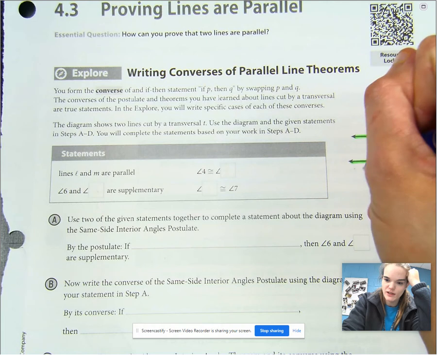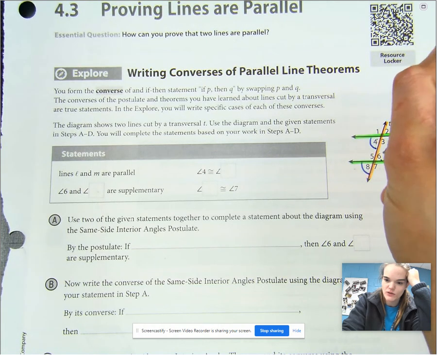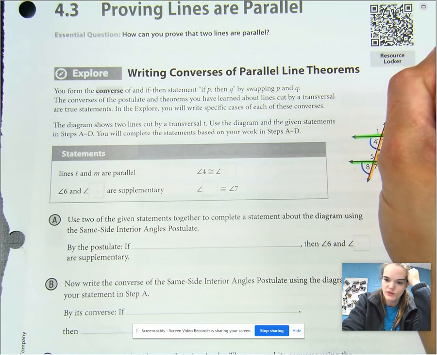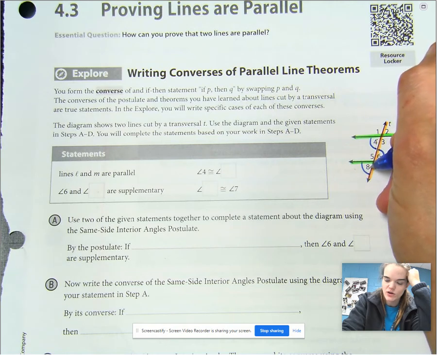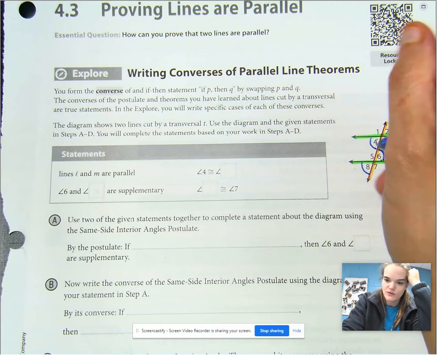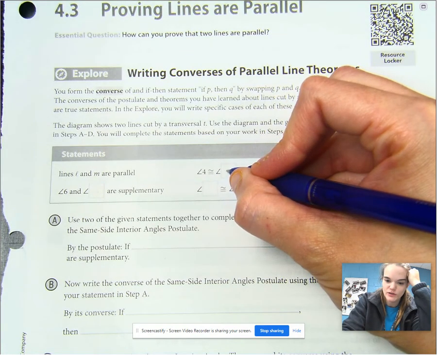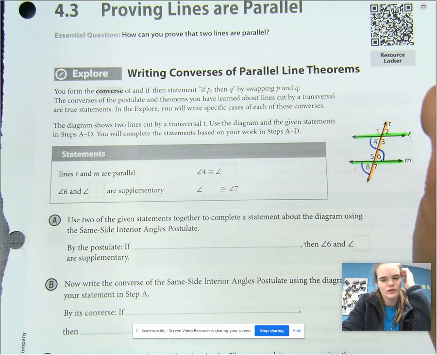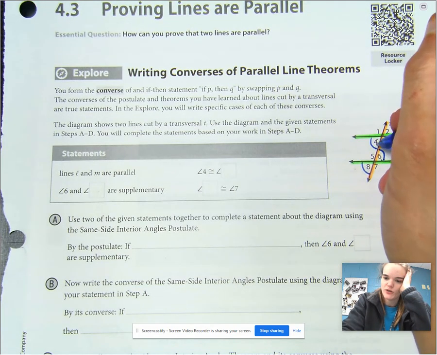Well, it's congruent to 8, and it's congruent to 6. 4 and 8 are corresponding, so it might be that 8 goes here, and 4 and 6 are alternate interior, so it could be that 6 goes here. We'll see. We have to have all three, so 4 could either be alternate interior or corresponding.